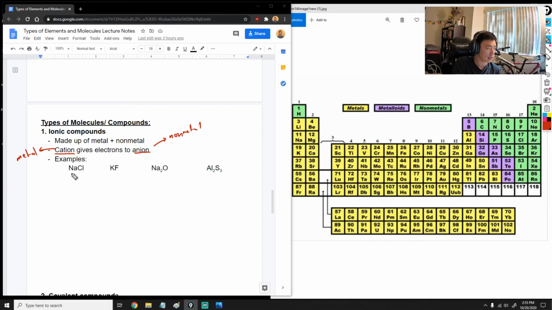So we'll talk about that here. We have Na and we have Cl. We'll go more into detail tomorrow, but basically Na is the yellow one, sodium, it's a metal, and we have Cl, which is the green one, so this is the non-metal.